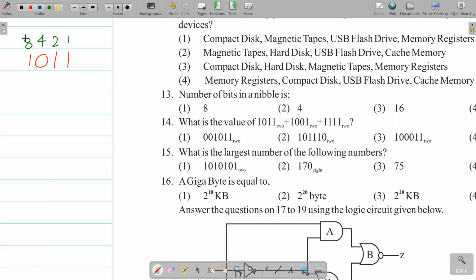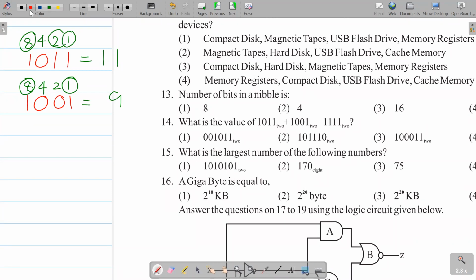So we add 1 plus 2 plus 8, which is 11. The next value is 1, 0, 0, 1, very similar to BCD values. So it's 1, 2, 4, and 8. 8 plus 1 is 9.